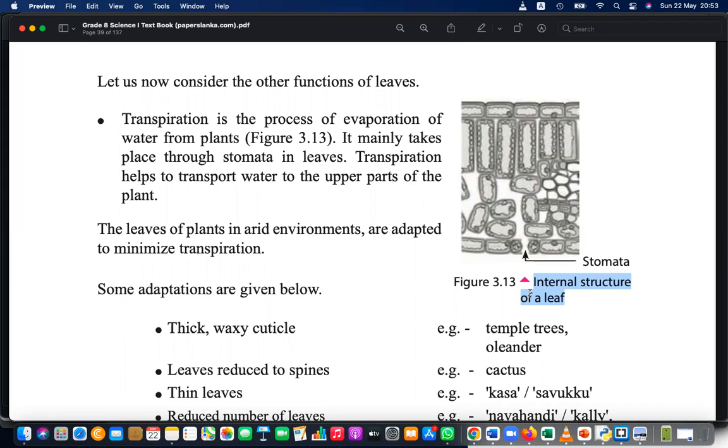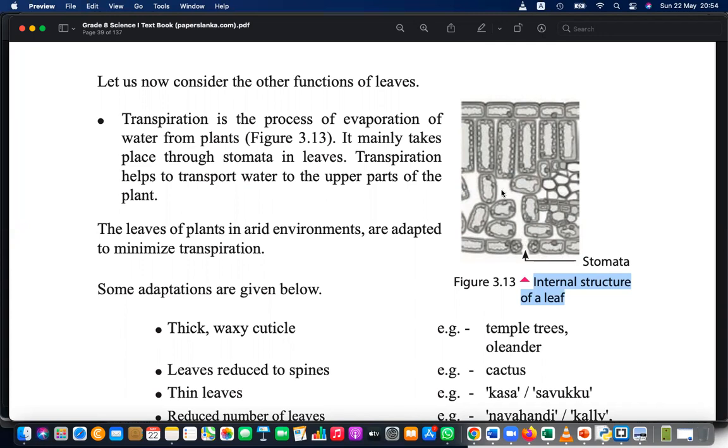I can show you an animation, but in the video we will not be able to see that, but I'll show you a small animation and you will be able to understand. So because of this, there will be a continuous flow of water from the root system to the shoot system, and through the veins, water will come up. That is what happens in the transpiration process: it transports water to the upper parts of the plants.